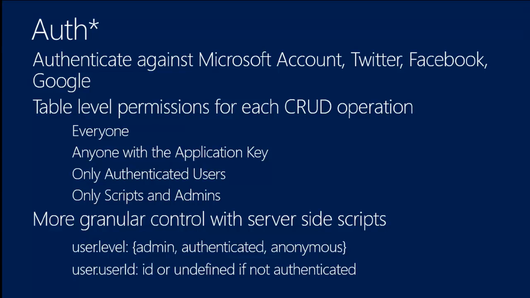In terms of levels of permissions we have on each of those CRUD operations, you can say it's open to everyone. You don't need to be authenticated. Perhaps useful if you want to expose some data set that you want anyone to be able to read, any application developer that is. The default is anyone with the application key.